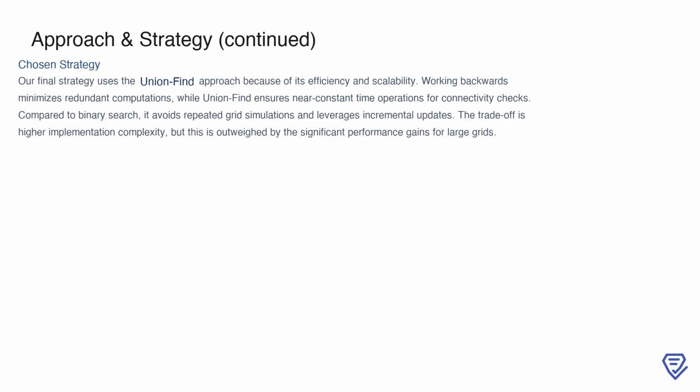Compared to the binary search method, this strategy avoids repeated simulations of the grid state, instead leveraging incremental updates as cells are unblocked. While union find introduces some additional complexity in terms of implementation, the trade-off is worthwhile given the significant performance gains. For large grids, this approach ensures that we can solve the problem efficiently, even for the upper limits of the input size.